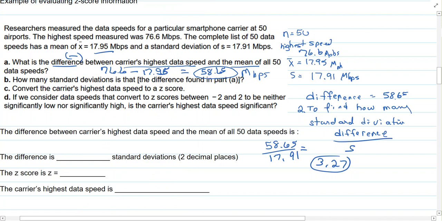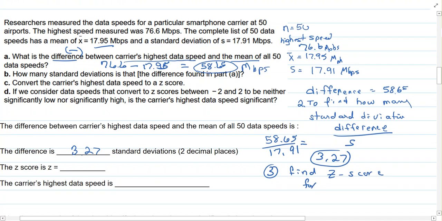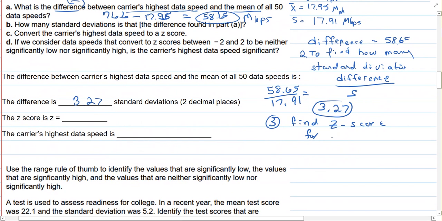All right, so we have the difference is 3.27 standard deviations. The z-score is, okay, now they want the z-score. So our third one is find z-score. To find our z-score, we're going to be using our value of the highest, which was 76.6.